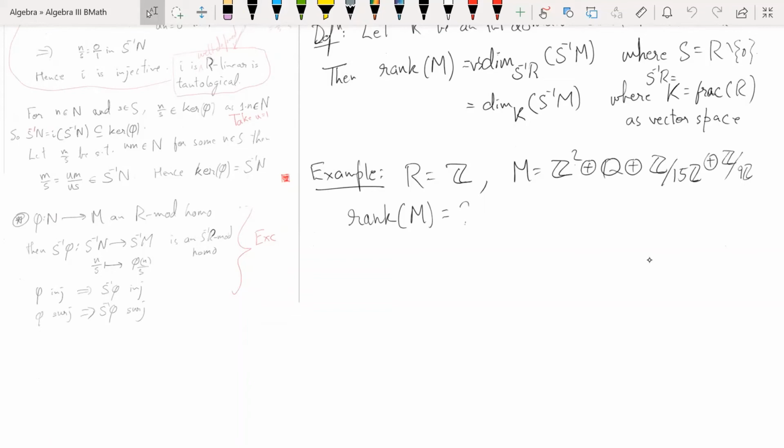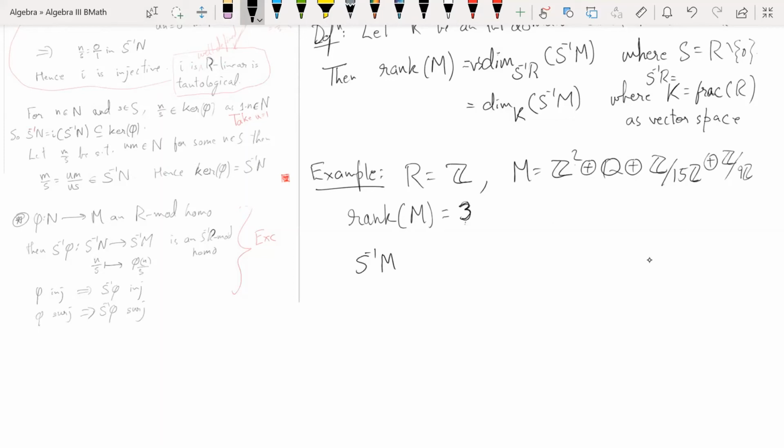What will be the rank of M in this case? You'll have to invert everything but 0. So invert all non-zero integers and compute S inverse M. So what is S inverse M? Rank will be 3.